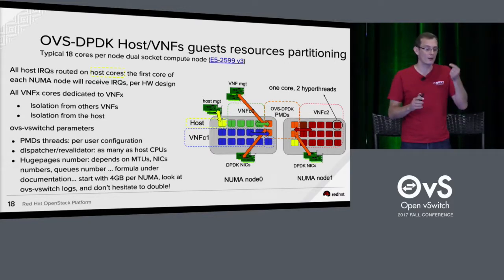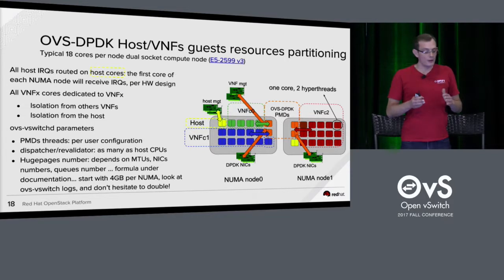So you have no way to run a DPDK application on the first CPU of the NUMA socket without being interrupted. So this one is sacrificed and given to the host. So at the end we have 2 cores, 4 hyperthreads in a dual NUMA socket, that's the yellow partition, for the host. On that, you run SSH, OpenStack services, disk interrupts, everything, plus the OVS vSwitch control plane, the non-PMD threads.